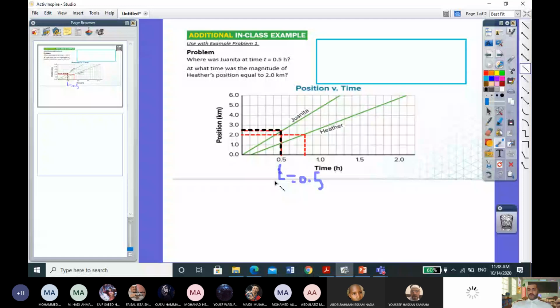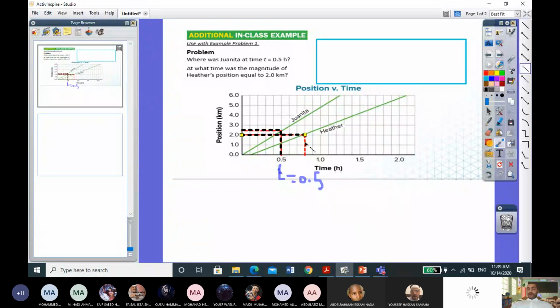Okay, great. So now, guys, this is how I find the position using the graph if they give us the time. If the time is 0.5, the position is between 2 and 3, it's 2.5 kilometers. Now, at what time was the magnitude of Halter's position equal to 2 kilometers? They give us the 2 kilometers, and they want us to find the time.